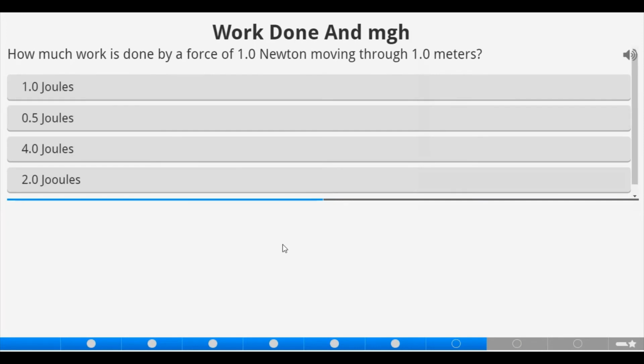How much work is done by a force of 1 Newton moving through 1.0 meters? So let's calculate and check the answer. Work is force times distance.